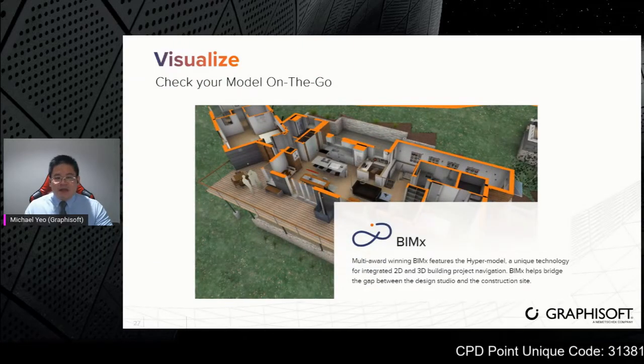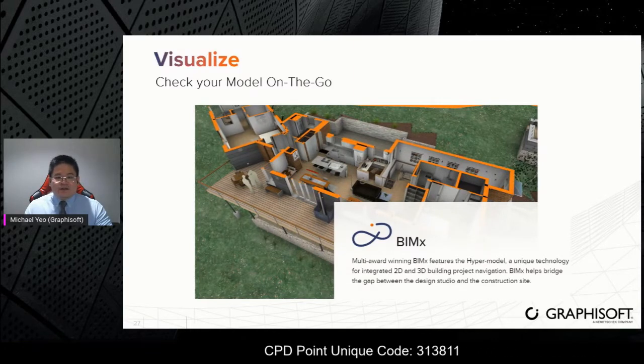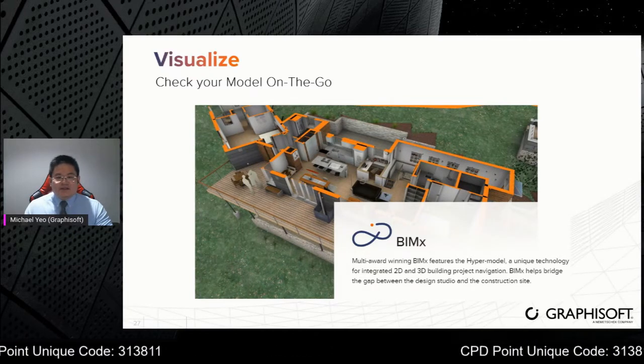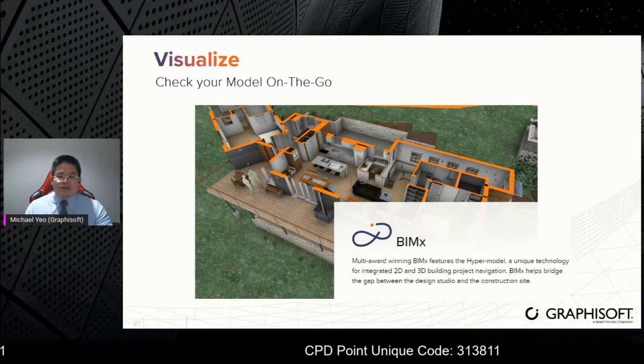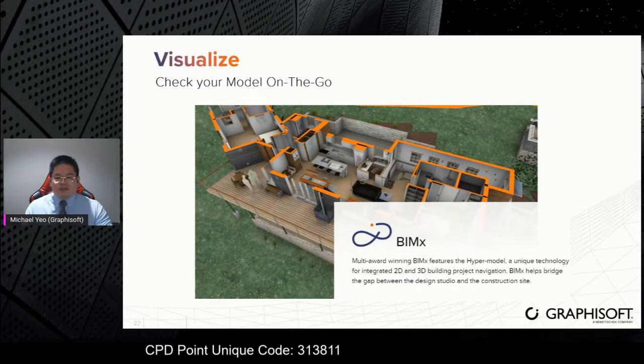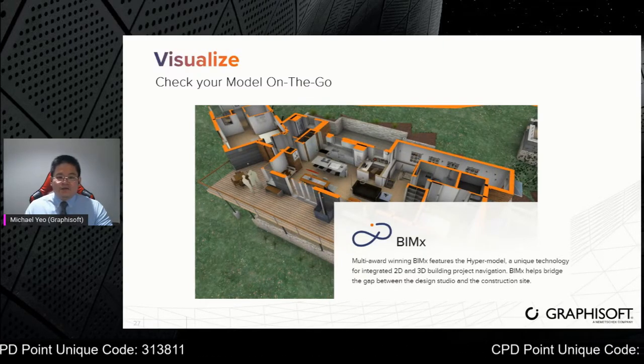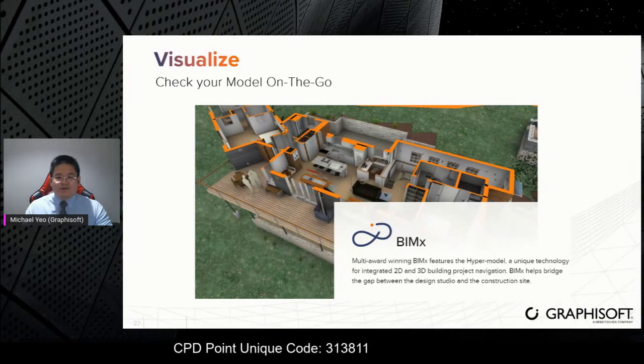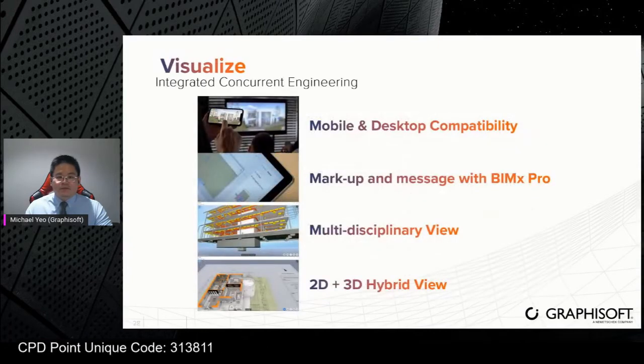Multi-award-winning BIMx features the hypermodel, a unique technology for integrated 2D and 3D building project navigation. BIMx also helps bridge the gap between the design studio and the construction site. A free version is offered in the Apple Store and Google Play Store. BIMx is both mobile and workstation compatible.